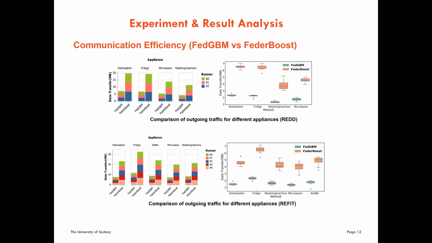We monitor the outgoing traffic of each local runner. The combined outgoing traffic of Federate is more than 2 times that of Fed-GBM. The communication cost of each runner shows the same result. Also, Fed-GBM maintains a stable communication cost since the outgoing traffic varies within a narrow range. Instead, Federate shows a significant variance in the communication cost.